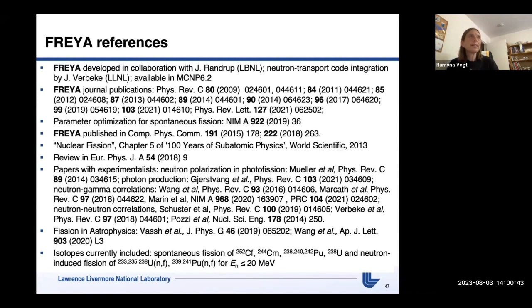But a code like Freya, as I mentioned, is really good when you're able to look at small samples.